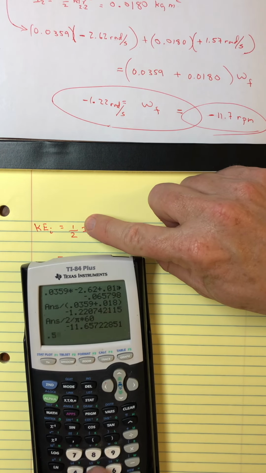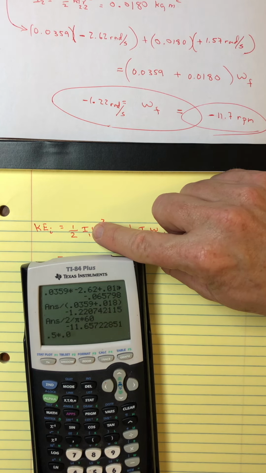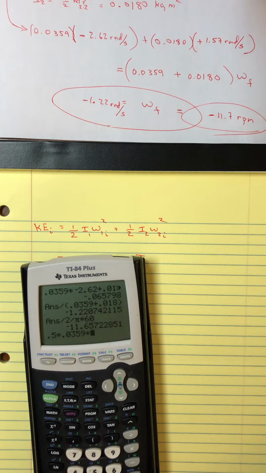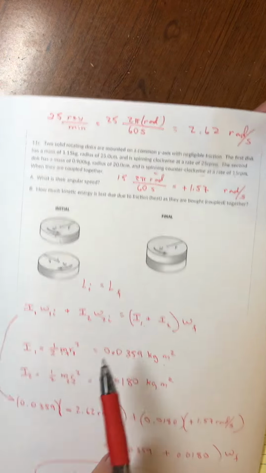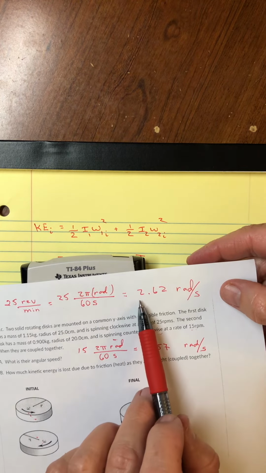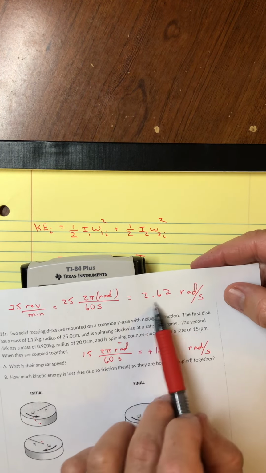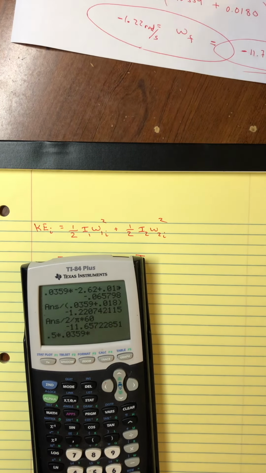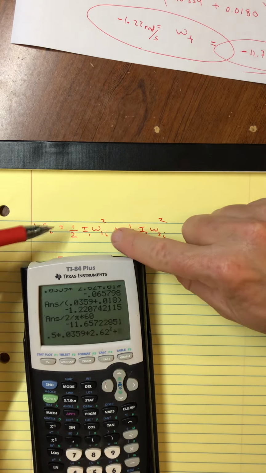So I'm just going to go 1/2 times I1, which was that 0.0359. That was this one. And then speed squared, which we said was this negative 2.62. And we're squaring it, so I won't even bother to type in the negative, but 2.62 squared. So that's the first term.